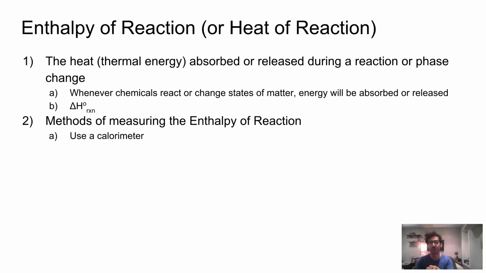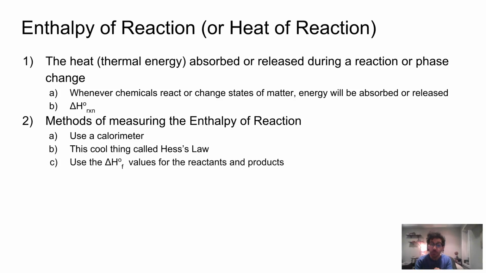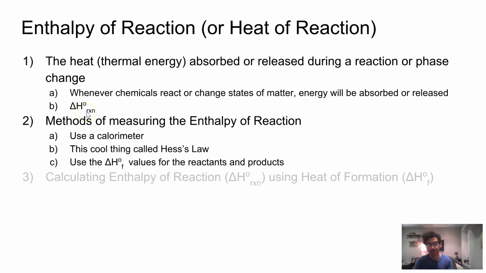We can use a calorimeter, take measurements, do calculations, and actually run these experiments. We can use Hess's law, which we're not going to talk about now. Or we can use delta H values for the products and reactants to calculate the delta H of reaction. So let's talk about how we're going to do that.